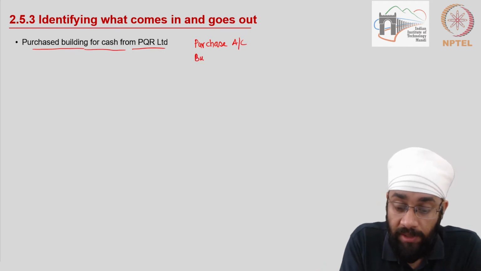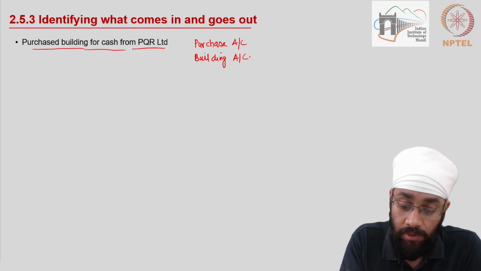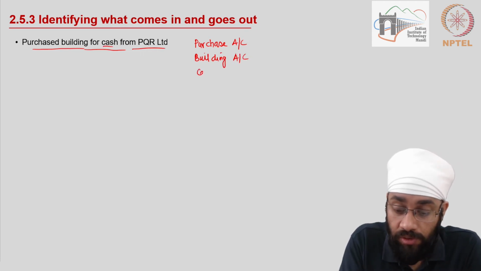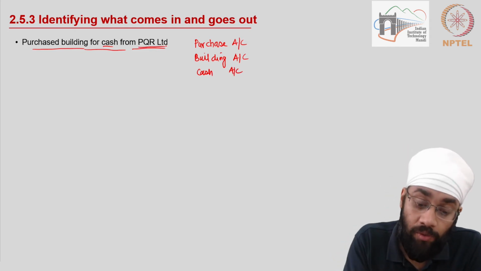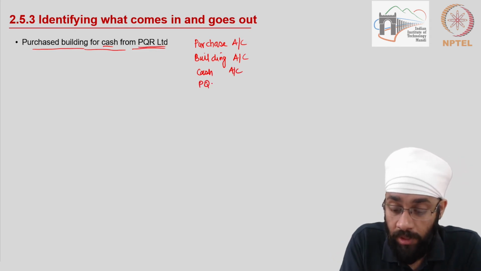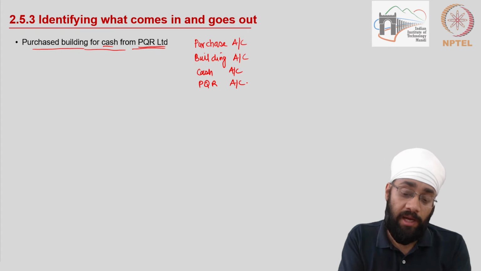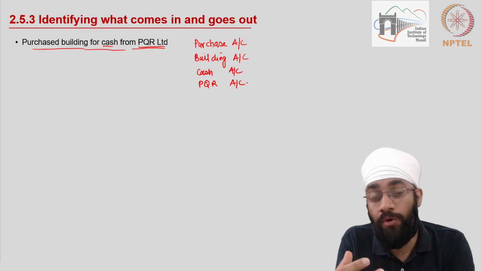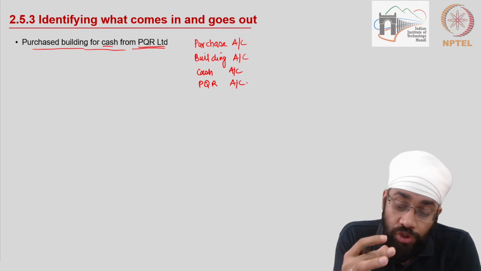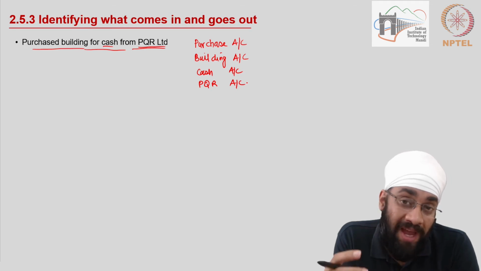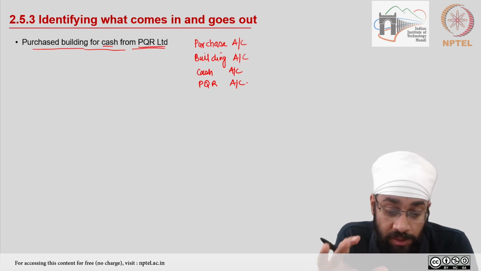There is a building being purchased, so you could also think about creating a building account. Cash is involved, so you could create a cash account. And PQR is the person from whom the building is being bought, so you could create a PQR account. There are four possible accounts or records that you would want to maintain. Which account should you actually maintain for this transaction is the question.